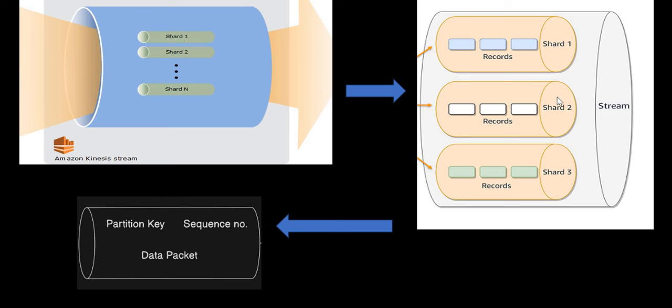These are records. And in each record there can be partition key, sequence number, and data blob, which I was talking about. So you have to basically understand this, the inside of data streaming in Kinesis data stream.